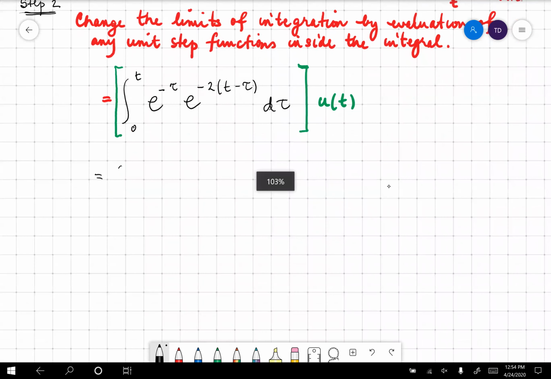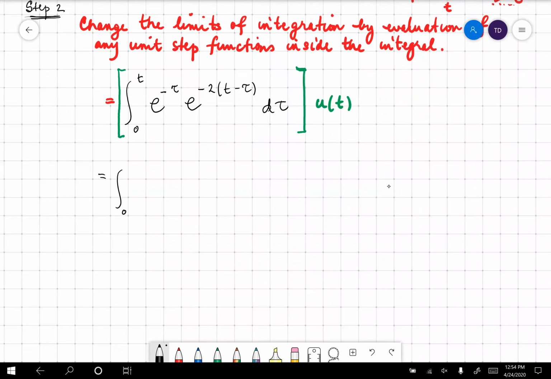Integral from 0 to t, e to the minus tau, e to the minus 2t, e to the positive tau, wow, d tau, all of that times u of t. Talk to me about this, e to the minus 2t.